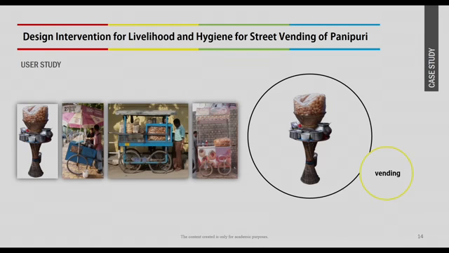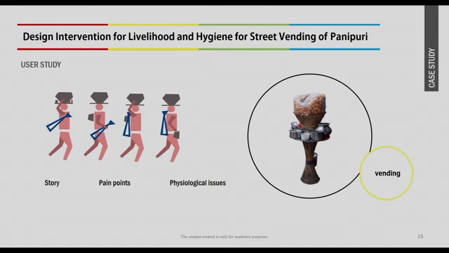We found there are 4 different kinds of carts available: stand cart, 2-wheeler push or pull cart, 4-wheeler wooden cart, and 4-wheeler metal cart. We also checked the journey of the vendor from home to the point of sale, how they carry the materials.